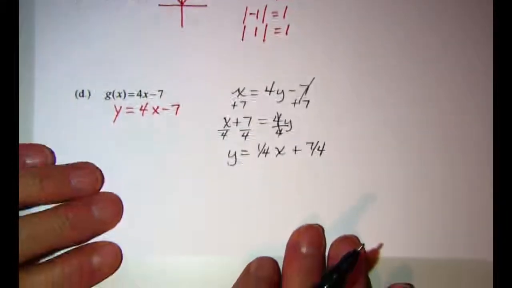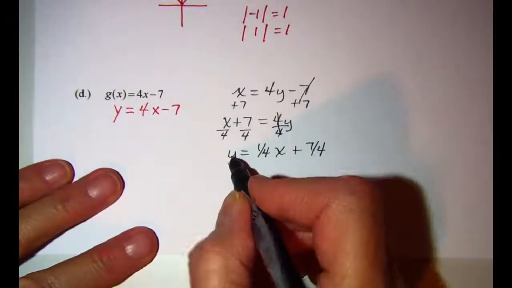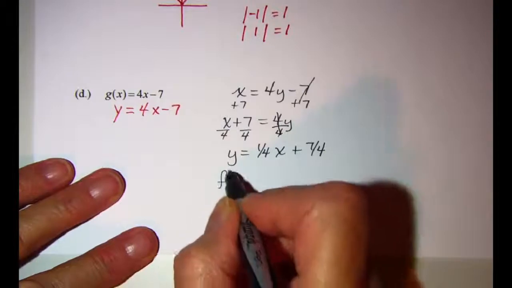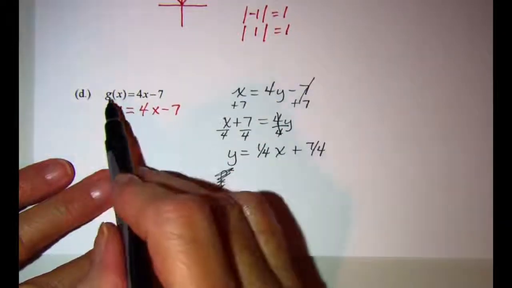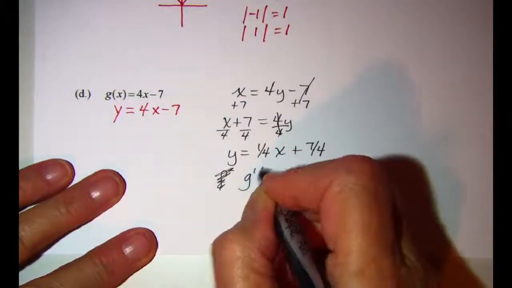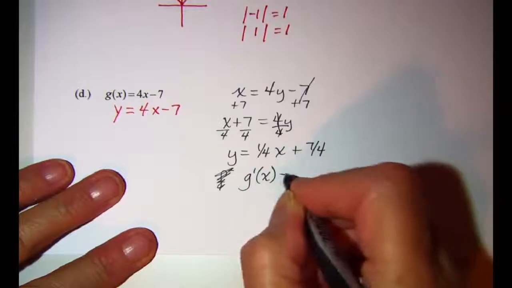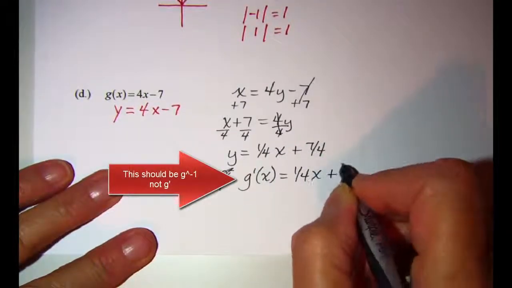And then finally, the last step to show your inverse is to take the y out and write f inverse. Oh, it won't be f though, since my function is g of x. It'll be g inverse of x equals 1/4 x plus 7/4.